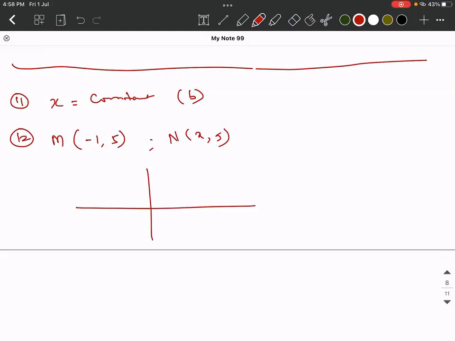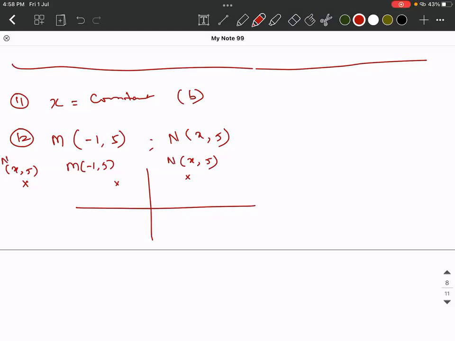Where is (-1, 5)? Which quadrant does it belong to? Second quadrant. Where does (x, 5) belong to? Did they say x is positive? They didn't mention it anywhere, no? So it can be either in the first quadrant or second quadrant. This is M. This can be N or this.